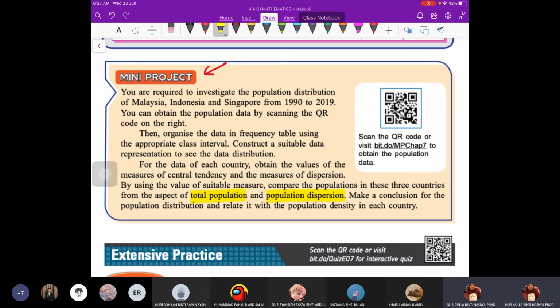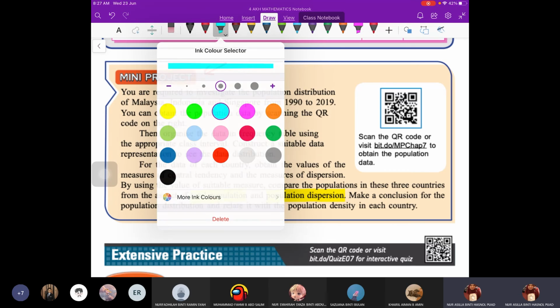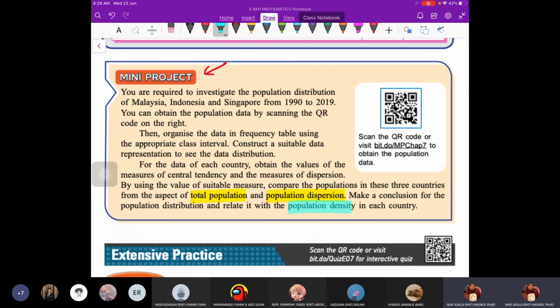And then you make a conclusion for the population distribution. And then relatekan dengan population density in each country. Okay, tolong Google apa maksudnya population density ni. Dia refer kepada apa aspek lagi.